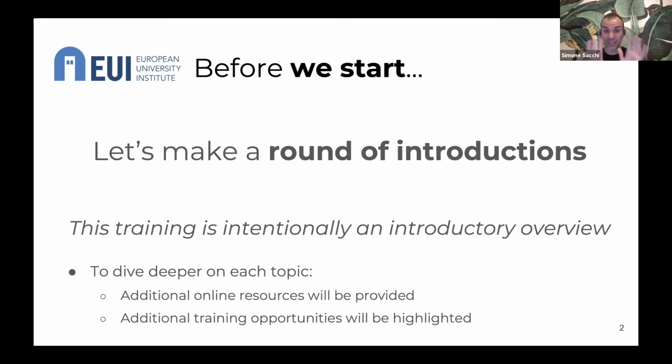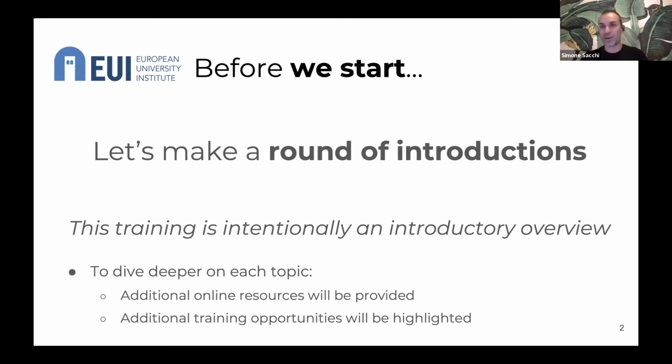So this training is intentionally an introductory overview, meaning that we really touch base on a lot of different aspects and practices in the area of open science, but we're not digging deeper into any of them at this point.